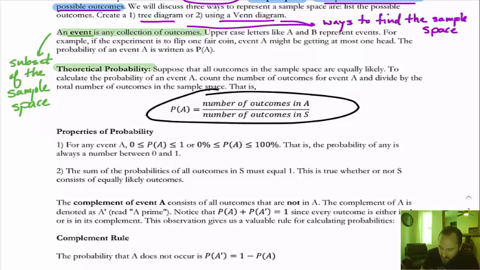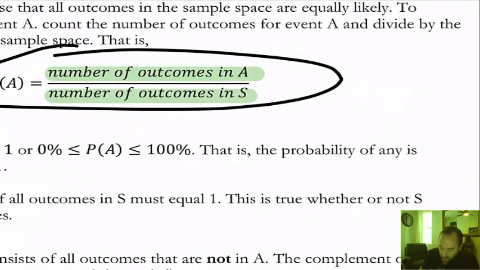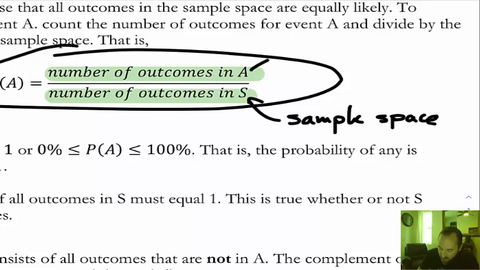Here the definition says the number of outcomes in event A over the number of outcomes in S. What they mean by S is the sample space, and A is just some event.